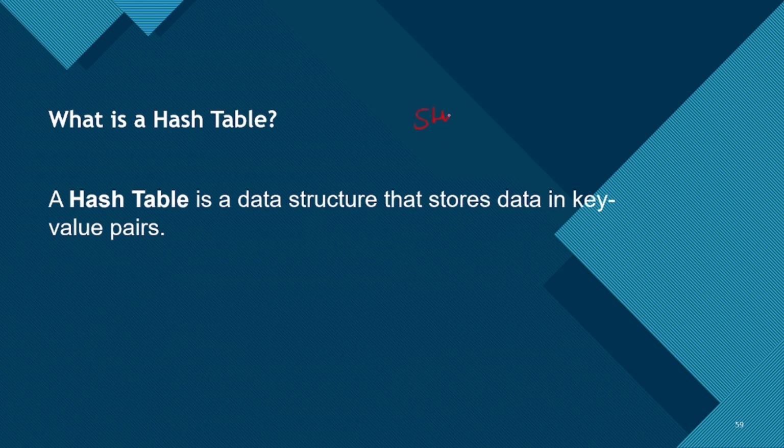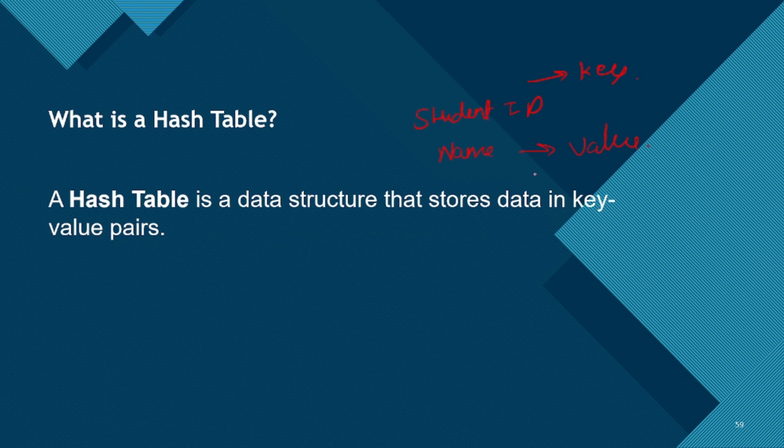The student ID could be the key, and the name of the student is the value. A hash table allows us to store these pairs and retrieve them efficiently using the key.